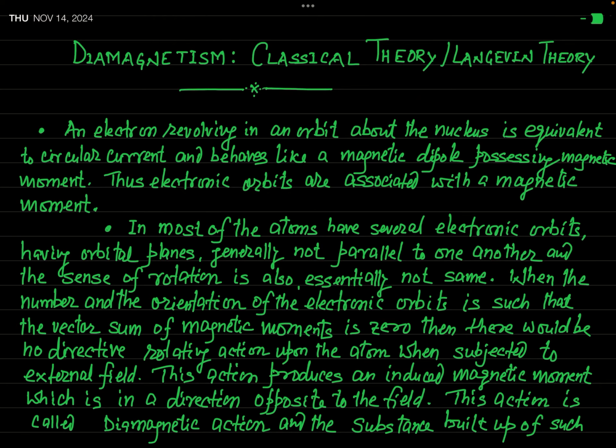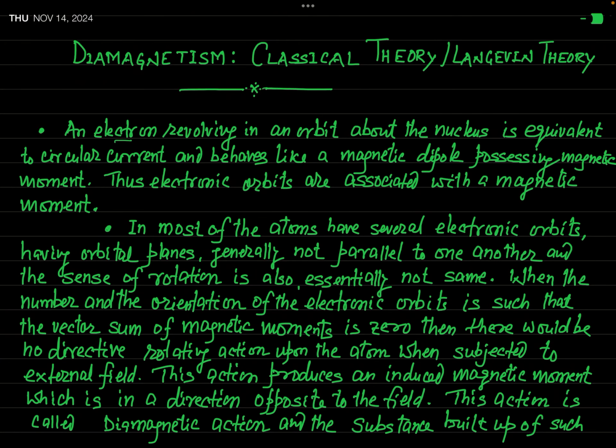If you consider an electron revolving in an orbit, you have definitely studied that a revolving charge is equivalent to an electric current, or a current loop.